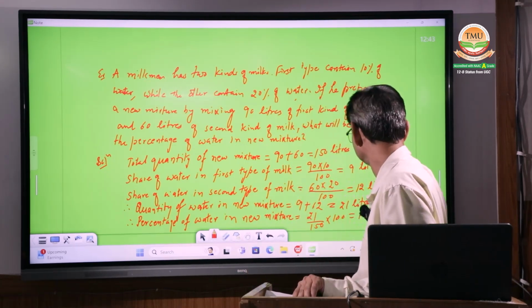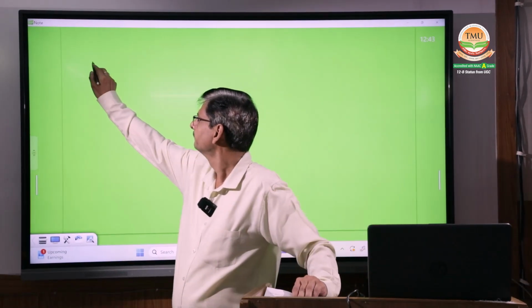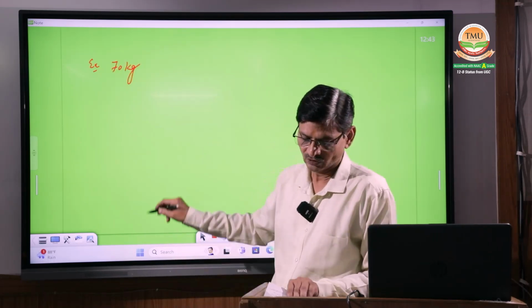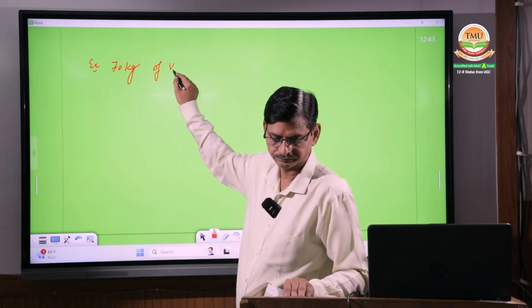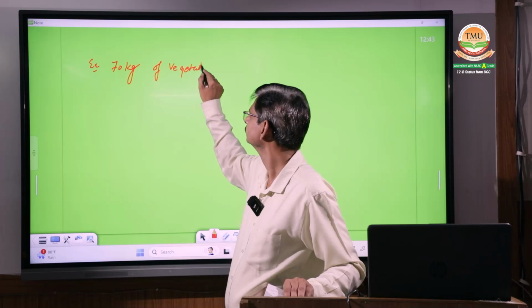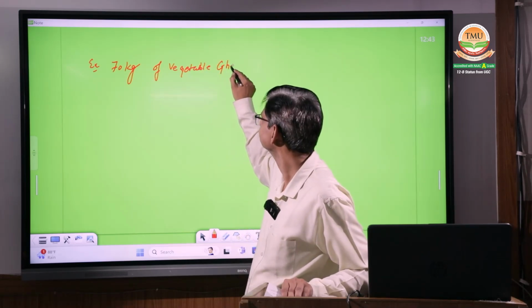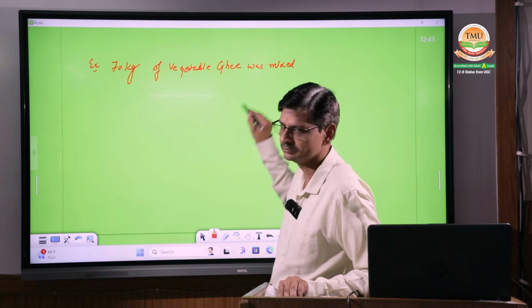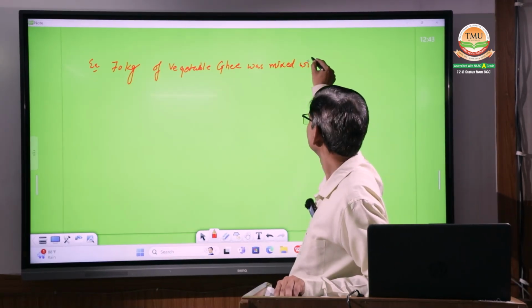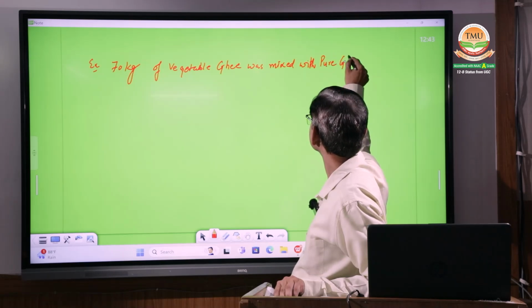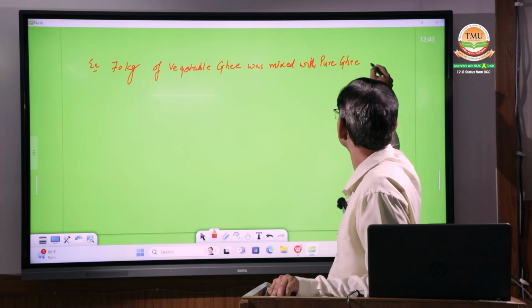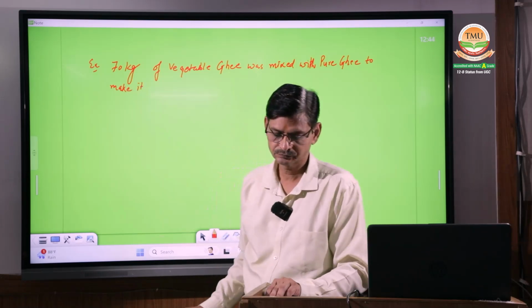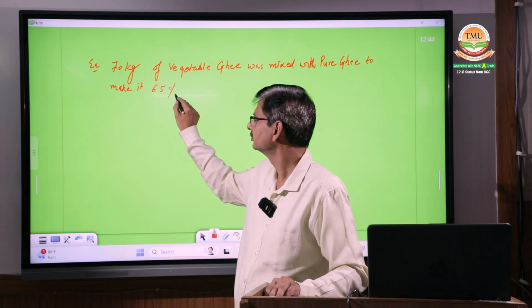Another question of percentage. Suppose 70 kilograms of vegetable ghee was mixed with pure ghee to make it 65% pure.